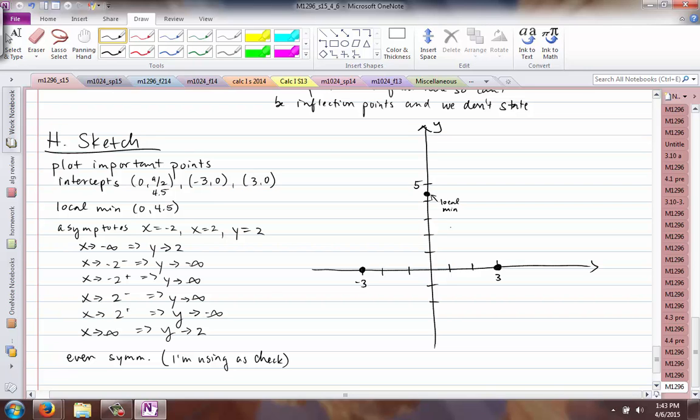Now we have some asymptotes, x equals -2, x equals 2, and y equals 2. So I might as well start sketching those in a little bit. I'm actually going to make my scale a little bit better. I could go ahead and put in some dotted lines. That's definitely going to help me make the graph.